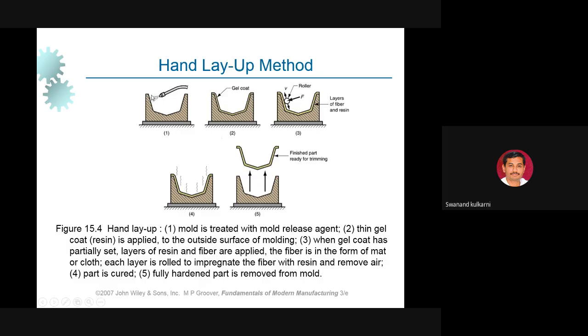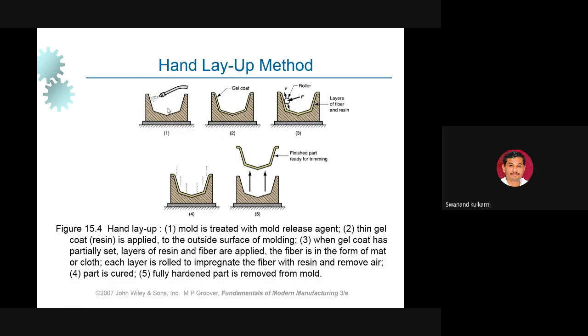So this mold releasing agent means what? A small amount of this agent is sprinkled on the internal surface of this mold, so that whenever we are keeping the different matrix and reinforcement on this gel, it will release this composite material.